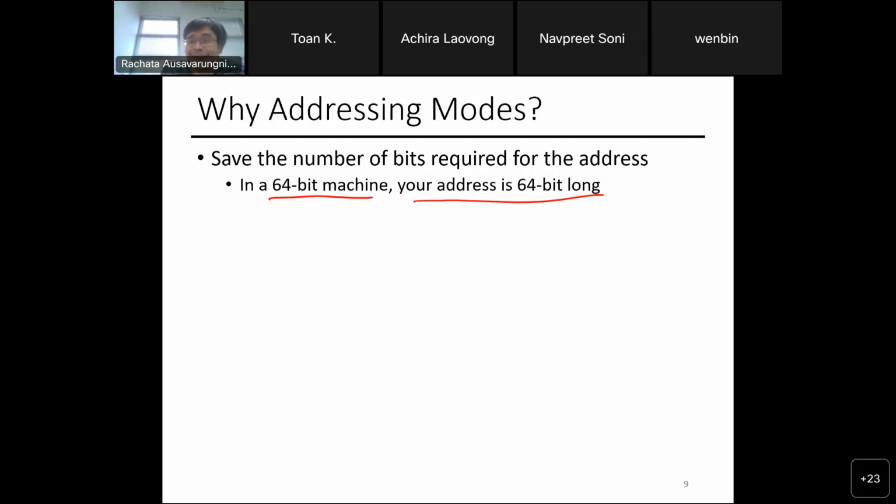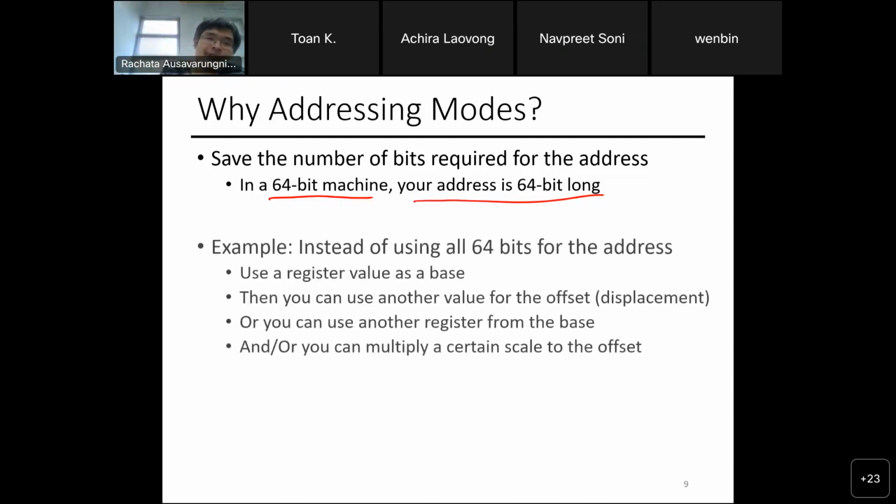So you need additional bits, but at minimum you need 64 bits. And that's too long, right? You don't always want that. So instead of using 64 bits for the address, I can just use a pointer, right? Whatever is in the register, that's your value. You can use that as the base and then add something. For example, how many people write a program this way?